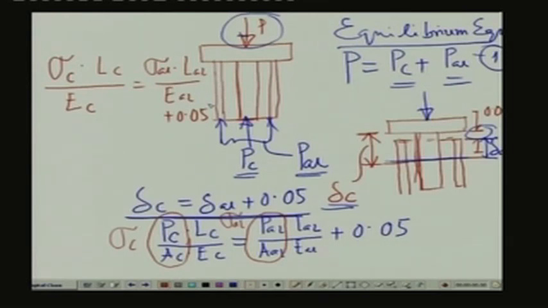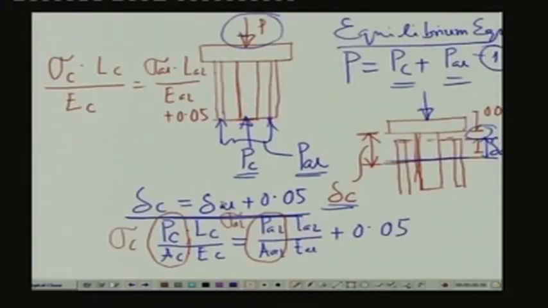Now, if we substitute the values, the length of the aluminum sleeve is given as 250 millimeter, and since the copper rod is 0.05 millimeter longer than the aluminum sleeve, the length of the copper rod is 250 plus 0.05, so 250.05.